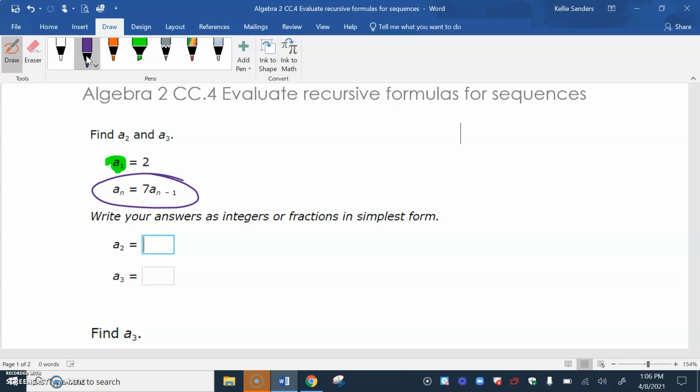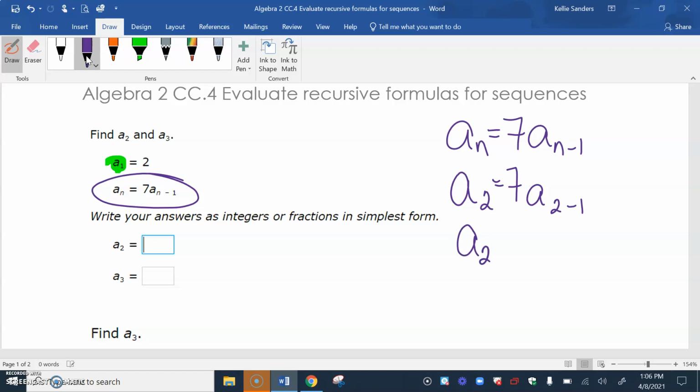Now, what does that mean? If I have A sub n equals 7 times A sub n minus 1, and I'm looking for the second term, where n is 2, then everywhere there is an n, I am going to put 2.